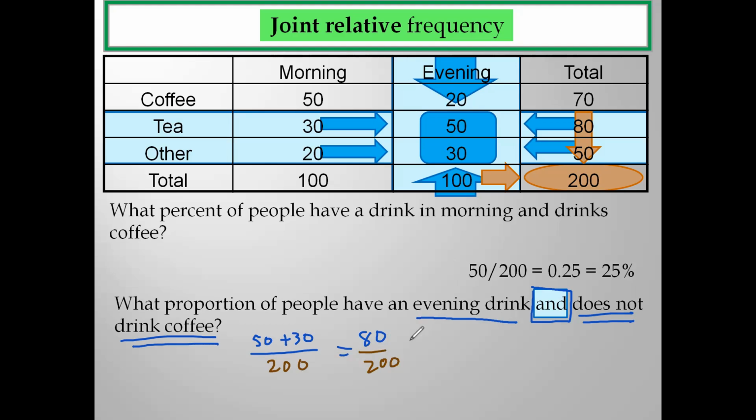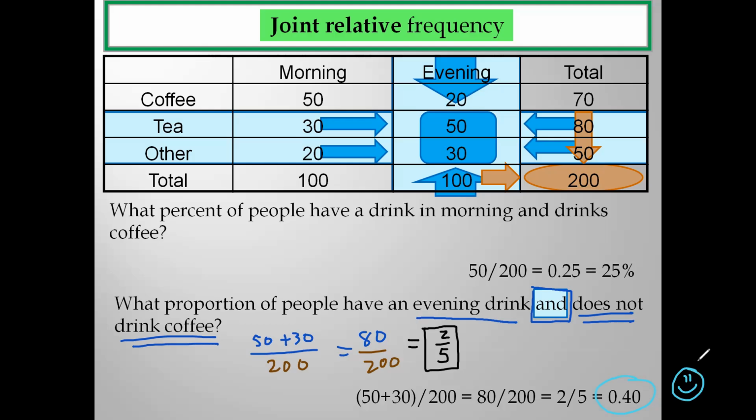And if we simplify this and leave it in the fraction form, 80 over 200 would be 2/5, and that would be the proportion we're looking for. If we want to keep on going and simplifying it all the way down to a decimal as 0.40, that technically also still counts.